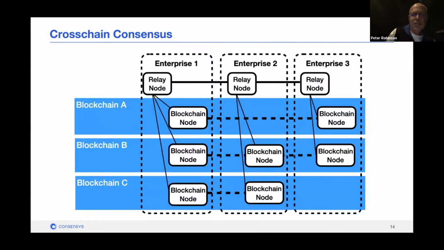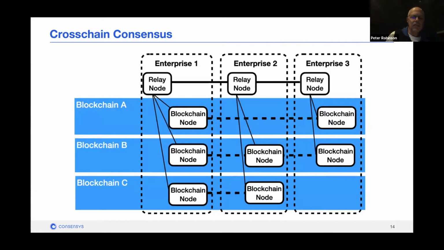So, cross-chain consensus. Something to think about when you're thinking about these cross-blockchain protocols is that not everyone is going to be on the same blockchain. So look at Enterprise 2. It doesn't have a node on blockchain A. So if something happens on blockchain A, somehow or other, Enterprise 1 and Enterprise 3 have to convince Enterprise 2 that that's really happened.